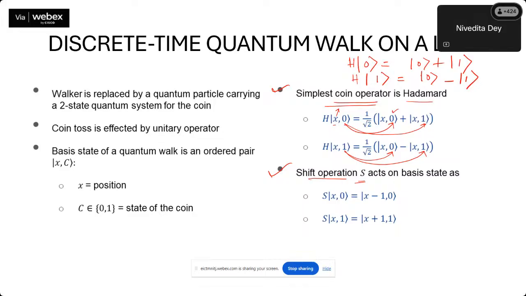This is the effect of the coin operator. And the effect of the shift operation is, if you are at state X and you get a 0 on the right, then you will just take a left step. You will go back one step left. And if it is a 1 on the right, you will just go one step right. That is, it can be either a left or a right.